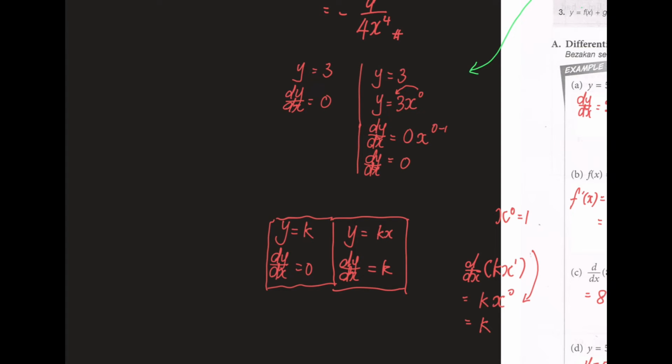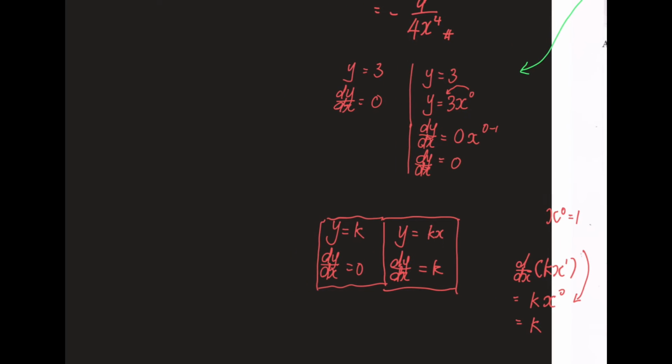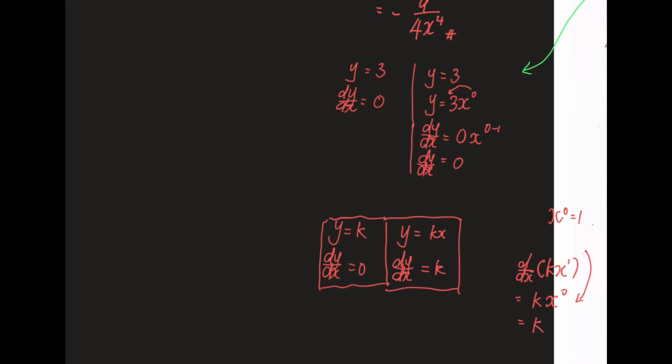So I can just gather up the situation in this way. If you have power 0, y equal to k, dy dx equal to 0. If you have power 1, I mean x power 1, so y equal to kx, dy dx equal to k.